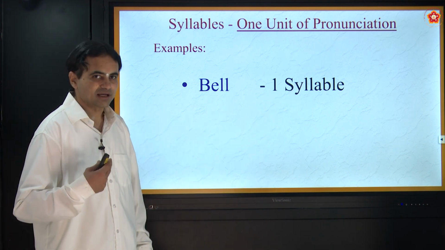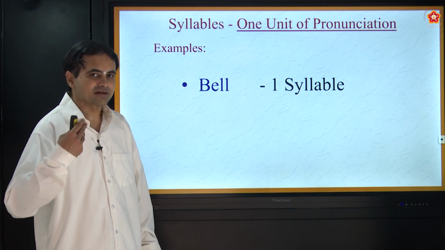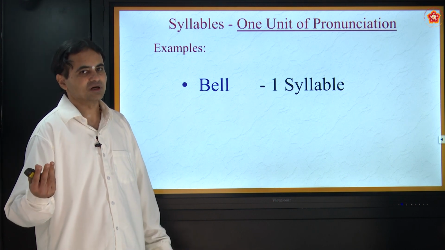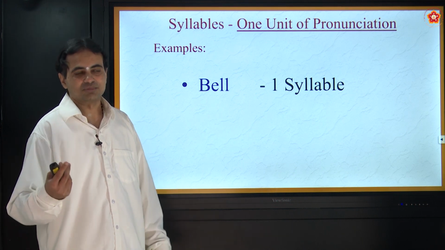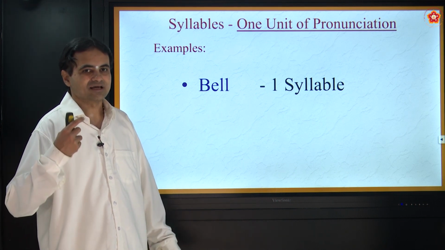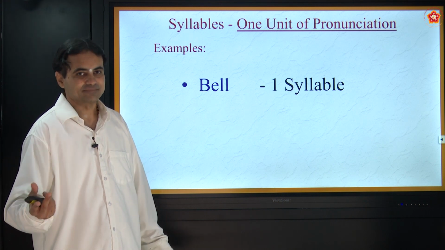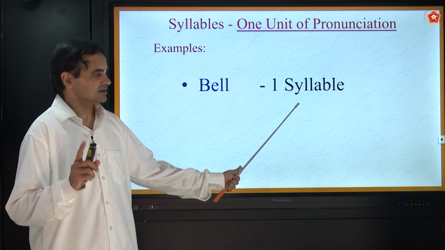So, how many times do we open our mouth to utter a word? In a word, there may be 3 times that we may have to utter sometimes. For example, the word example. We say eggs, am, pill. So, 3 times, whereas here it is bell. So, it is one syllable.